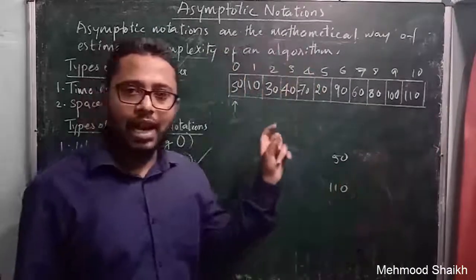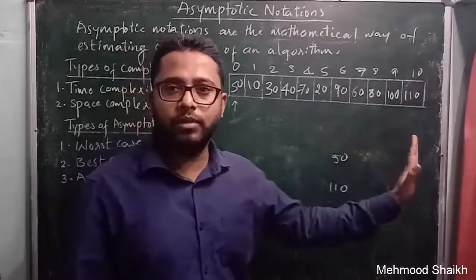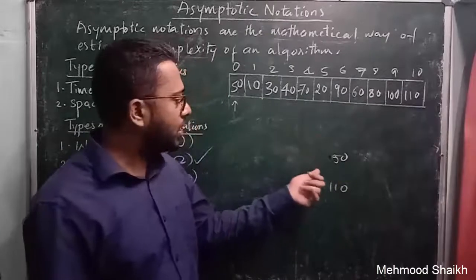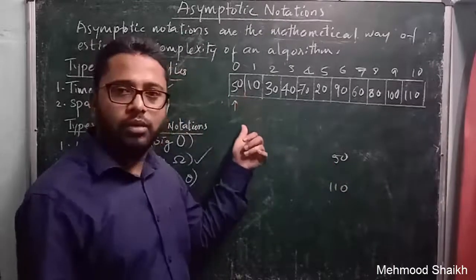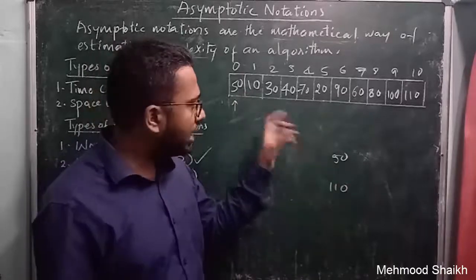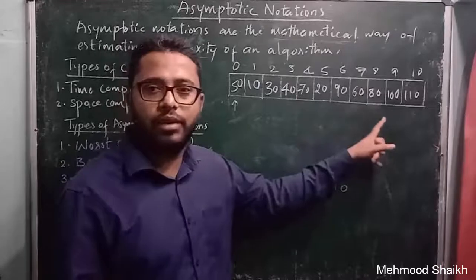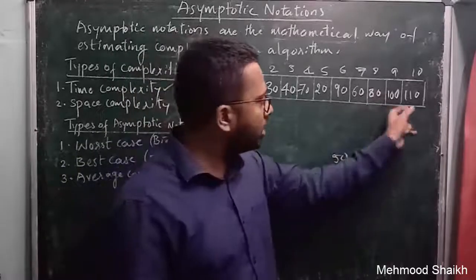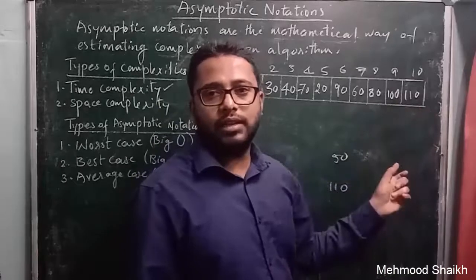That means the time taken by this algorithm now becomes more. In the earlier case the algorithm had to search only one location, but now the algorithm has to search one by one in each and every location, and once it reaches the last location, it will find that element.